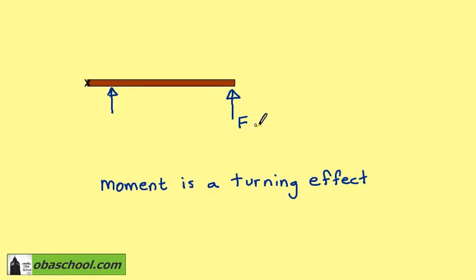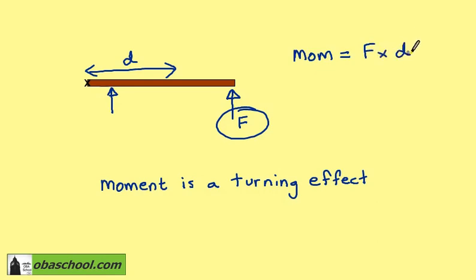So if we have some force F, which could be anywhere along the door, say at a distance d from the hinge, then the moment of that force is defined to be: moment is equal to the magnitude of the force times the distance from the hinge, if F is pushing in a direction perpendicular to the door.